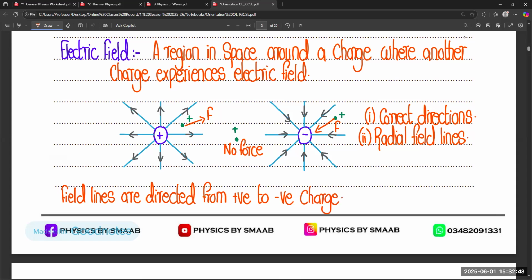This is the same idea as the magnet. In a magnet, field lines flow from north to south. But now we have charges, so it always flows from positive to negative, just like the conventional current. Okay.